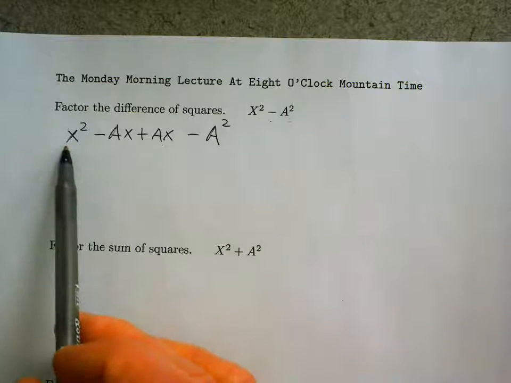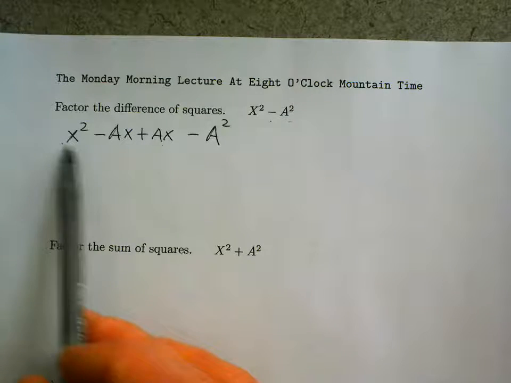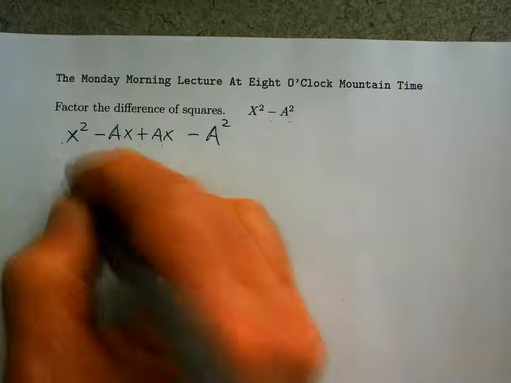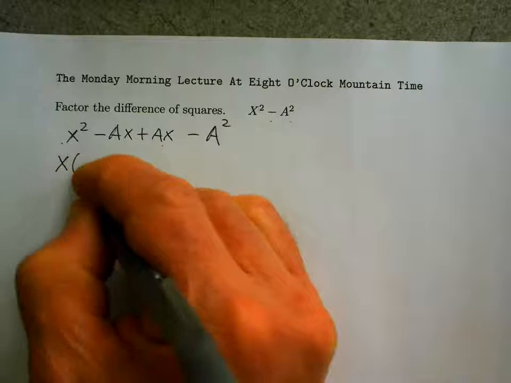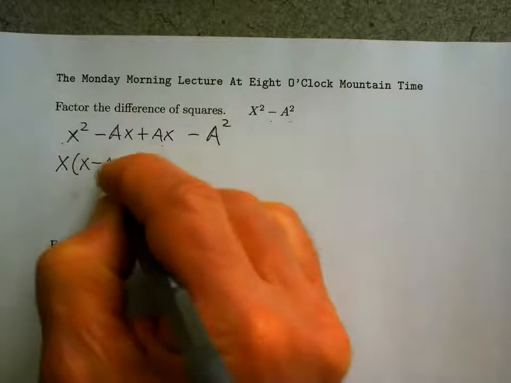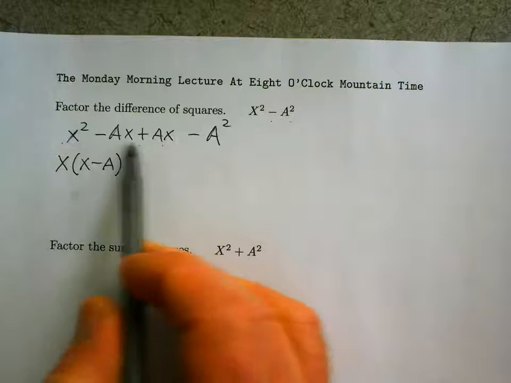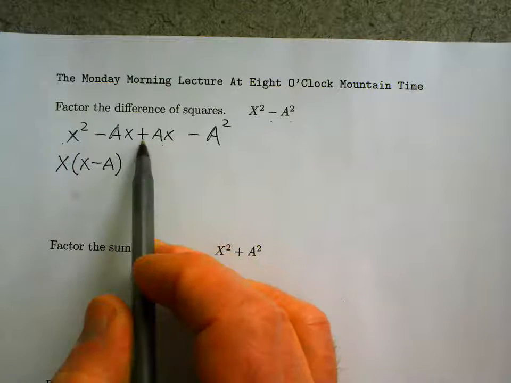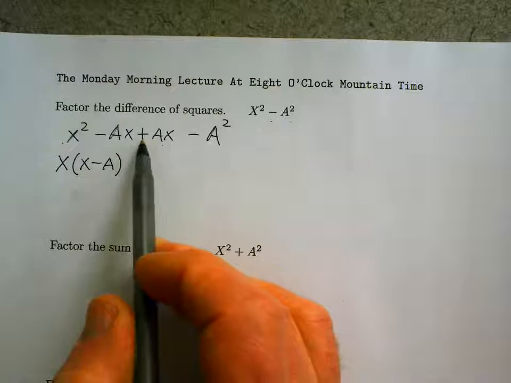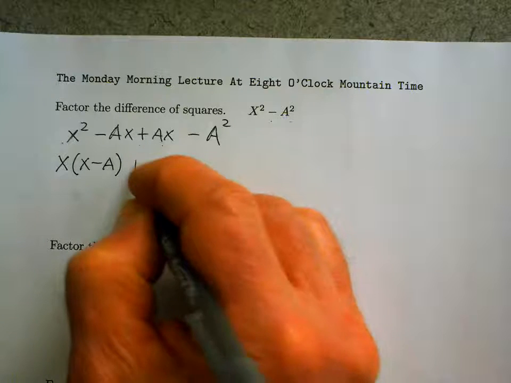And then we factor by grouping. Out of the first two terms, we factor out the greatest common factor, which is x. So we get x times x minus a. Then when we factor a quadrinomial, a 4-term polynomial, by grouping, we bring down the middle operator of addition.